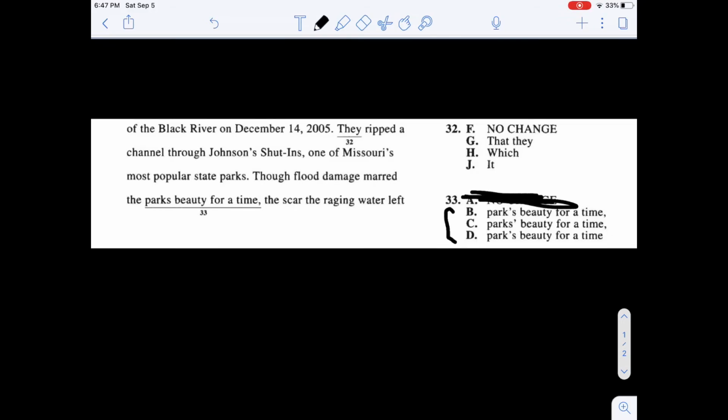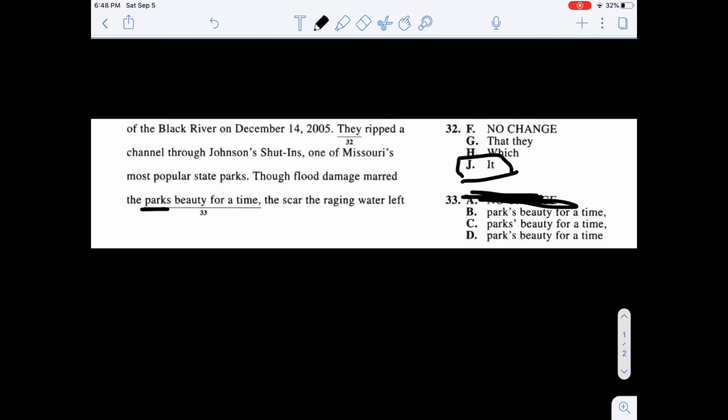Now the trouble comes where do we put that apostrophe? Is it a singular park, its beauty, the one park's beauty, or is it 3 parks, their beauty, the parks' beauty? Well, we have to rely on context clues to figure this out, because if we replace this with its or their, its beauty and their beauty, that works for both of them. So if we start at where 32 is underlined, I think it's supposed to be it instead of they.